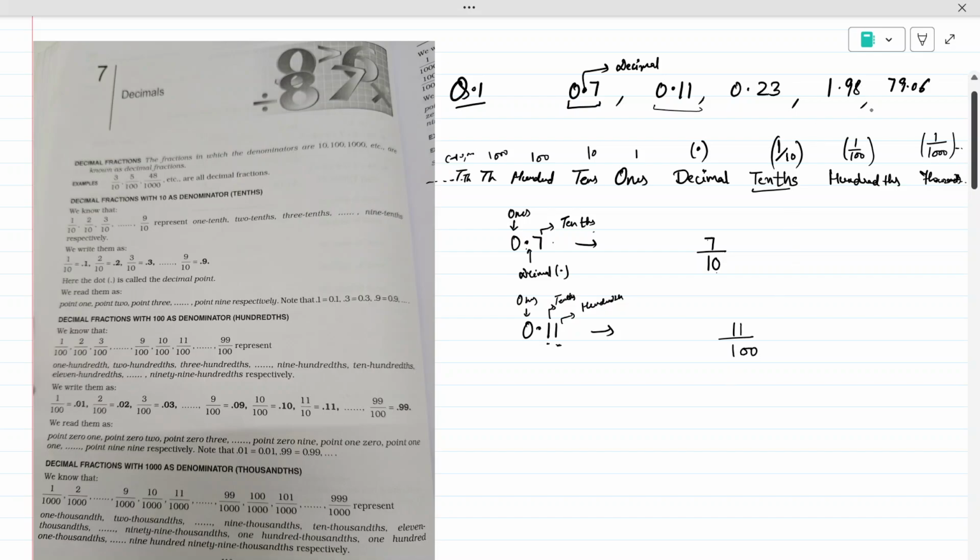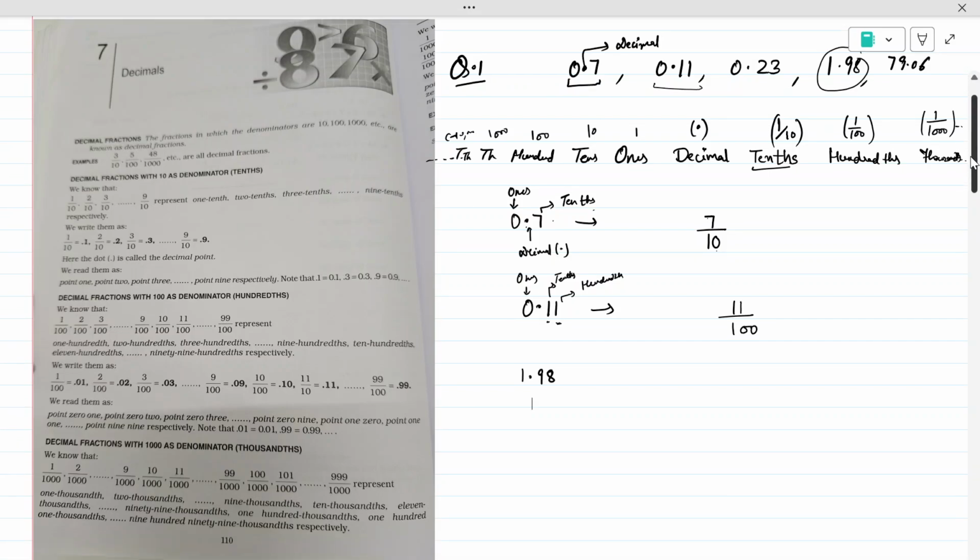Similarly, I am taking another example, 1.98. In 1.98, at the ones place we have 1, followed by a decimal, then at the tenths place we have 9 and at the hundredths place we have 8.